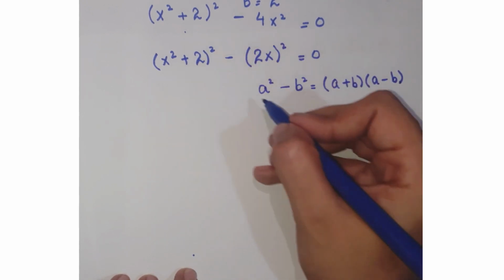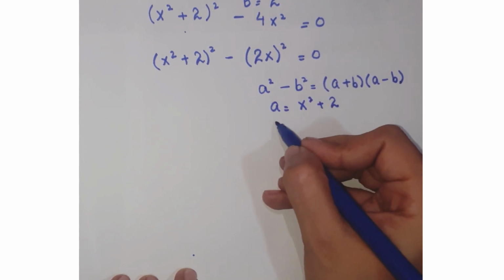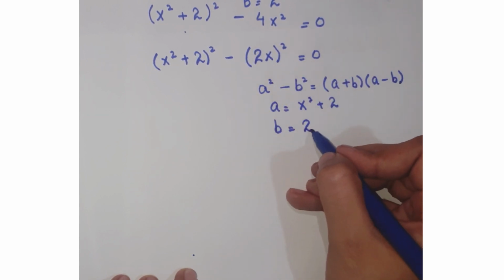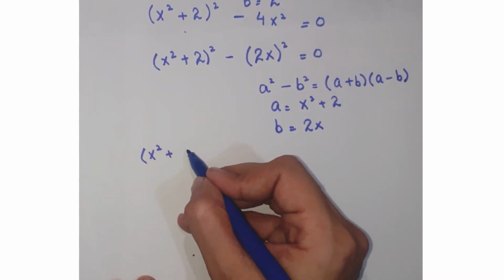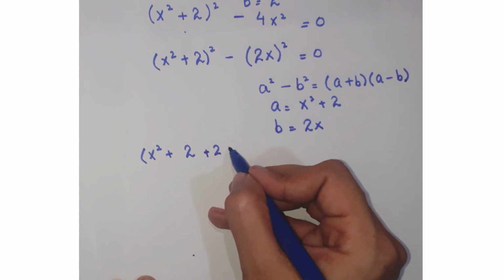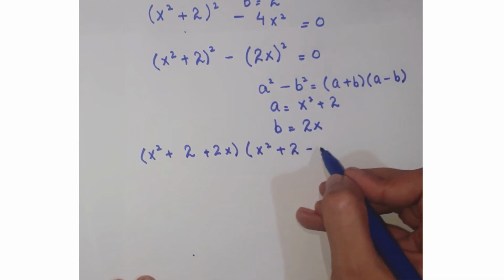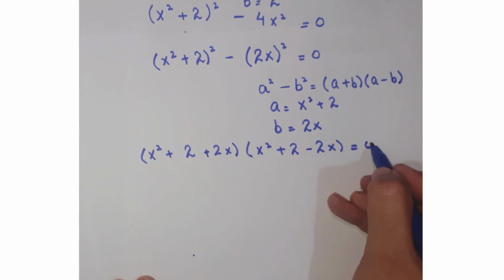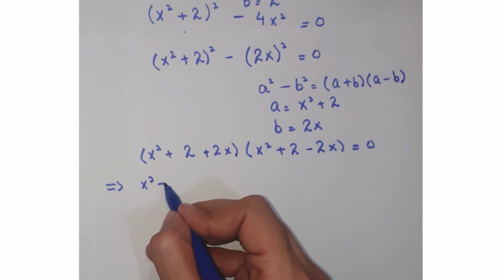So comparing with this equation, a is equal to x squared plus 2 and b is equal to 2x. So you can write this equation as x squared plus 2 plus 2x and x squared plus 2 minus 2x equivalent to 0. Now you can see that there are two possibilities.